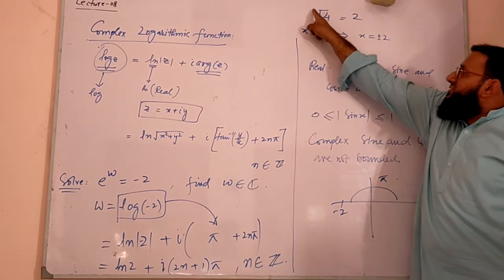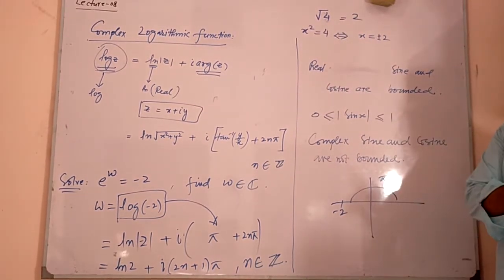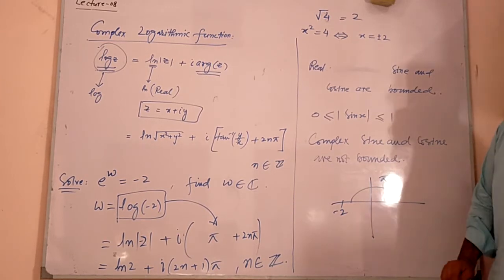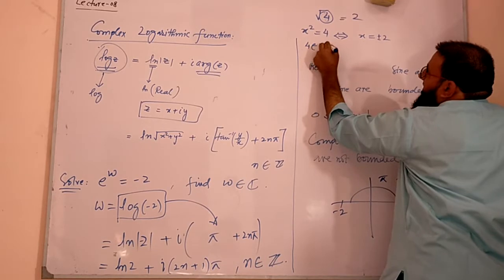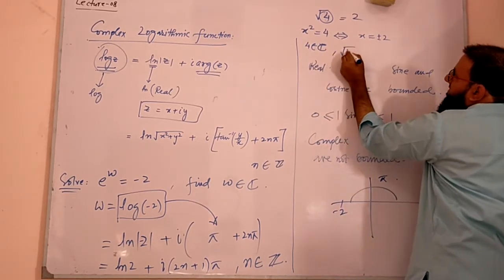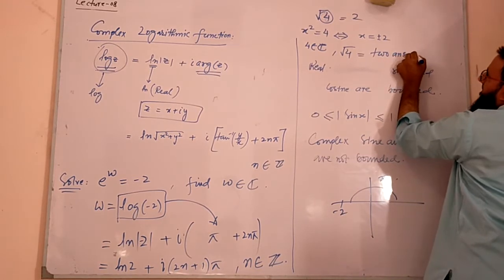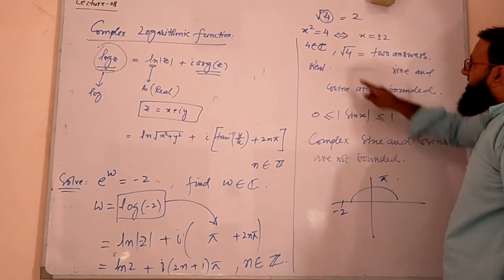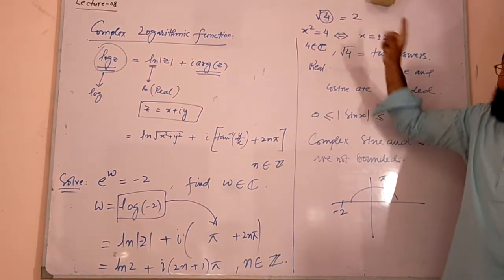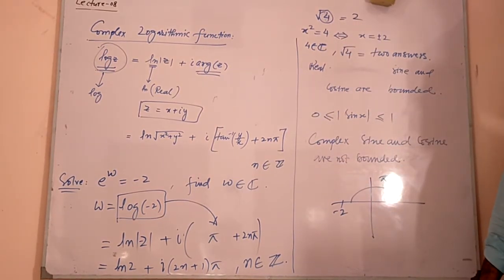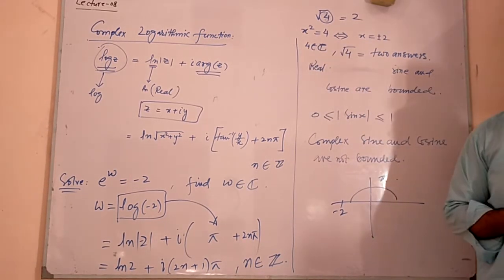But if there is no plus minus sign here, the answer is always 2. There is only one answer, not 2 answers. But when you treat this number to be in the set of complex numbers, then square root of 4 will have 2 answers. In the set of real numbers, it will take only one answer. This is the thing that we should keep in our mind. Otherwise, if you solve this equation, you have 2 answers, plus and minus 2.